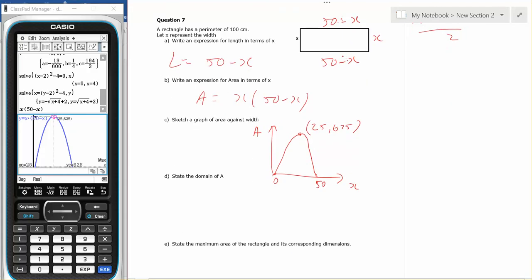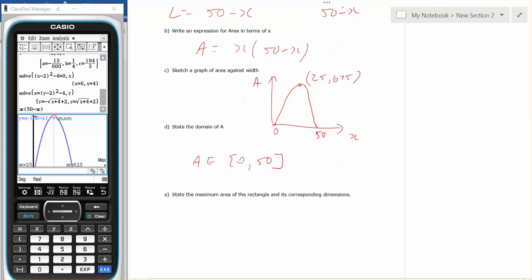Let's take the domain of A, and obviously you're going to use the ruler for this. Domain of A is an element of 0 to 50, inclusive. Done. State the maximum area and its corresponding dimensions. Dimensions means the length and the width. The maximum area would be 625 centimeters squared.